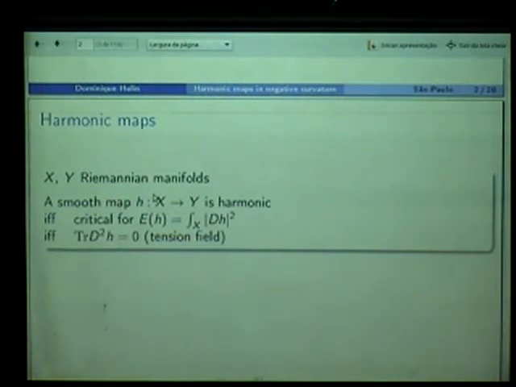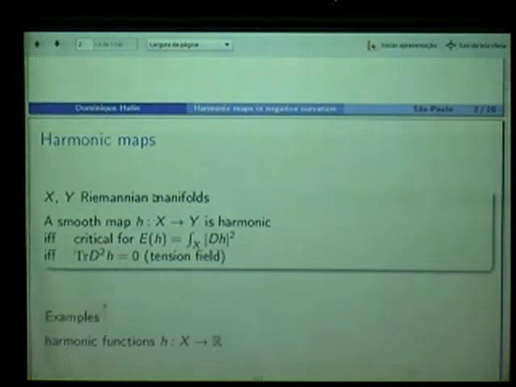Okay, so now you certainly want to have some examples of harmonic maps. I will give only very simple examples. First of all, examples where either the source or the target manifold is the real line. So when the target manifold is a real line, then a harmonic map is simply a harmonic function.